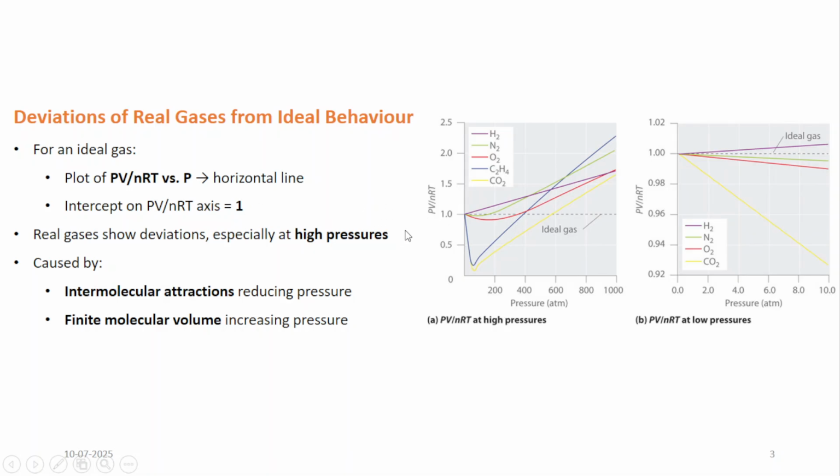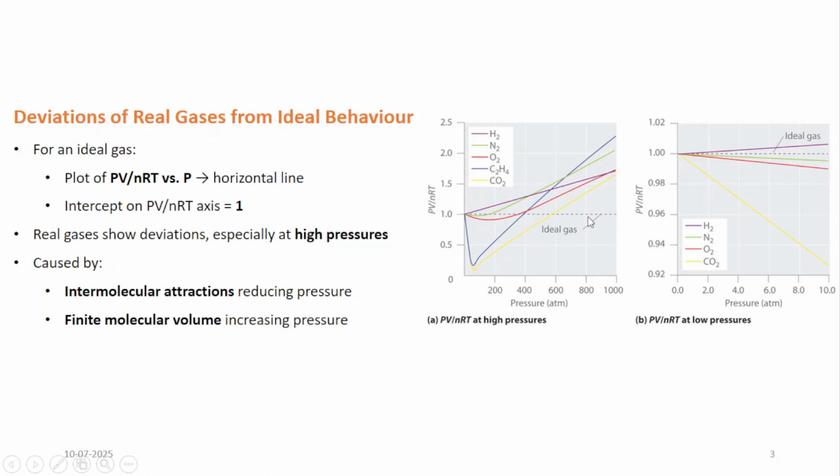So if you see this graph where PV by RT is plotted against pressure, this one shows the difference from ideal behavior. So for ideal gas, you can see PV by nRT equal to 1. I mean, when PV is equal to nRT, PV by nRT will become 1.